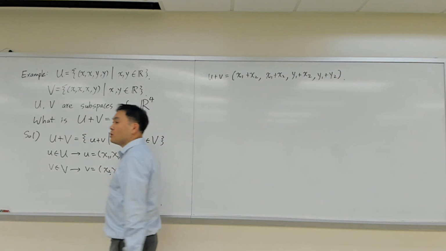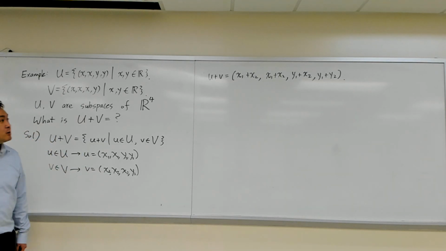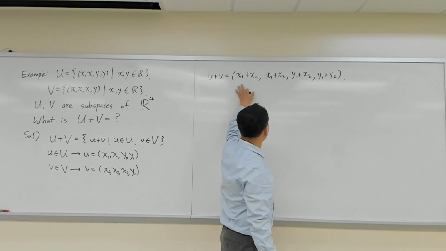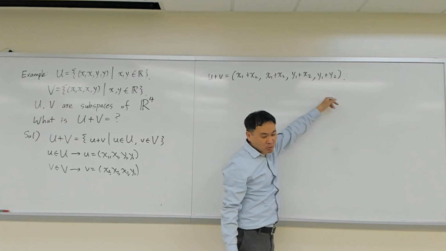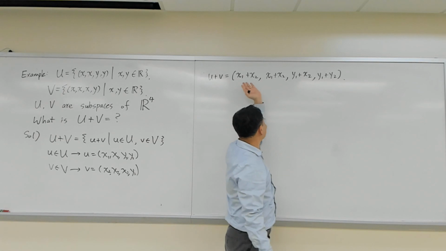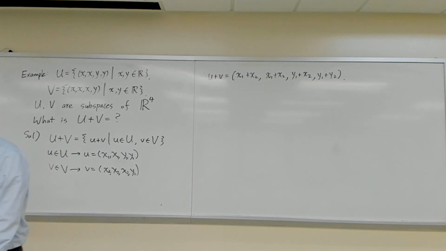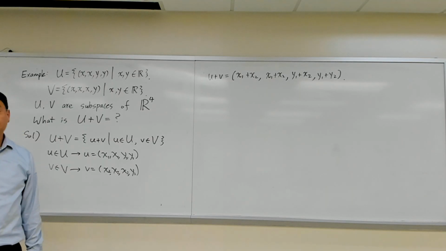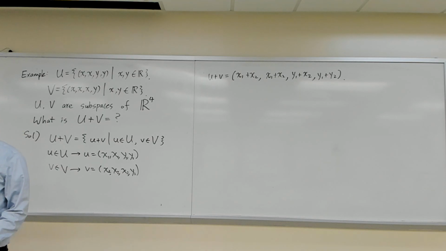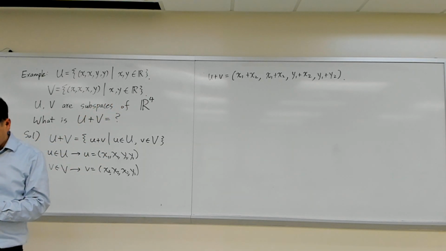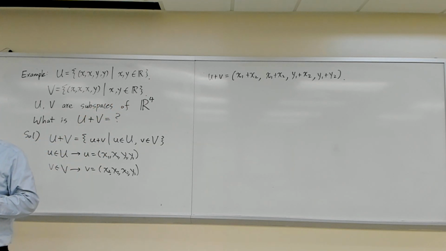Okay, what do we see from this? What kind of pattern or what kind of property does this final set satisfy? What do you see? Can you say anything about those numbers?